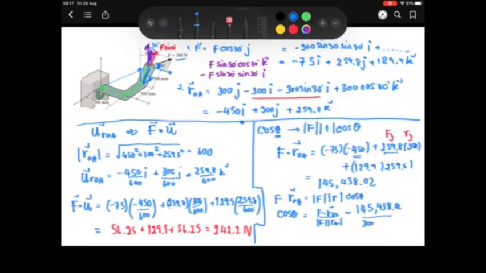And if you want to find the projected component on the line OA, you can use the concept of one unit and then you use the cos. So it will be equal to force 300 multiplied with one unit, and then 0.808, which is equal to 242.2 as well.